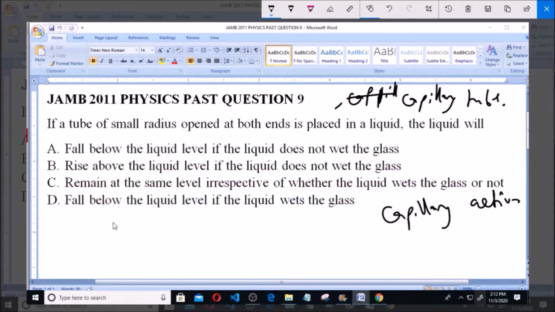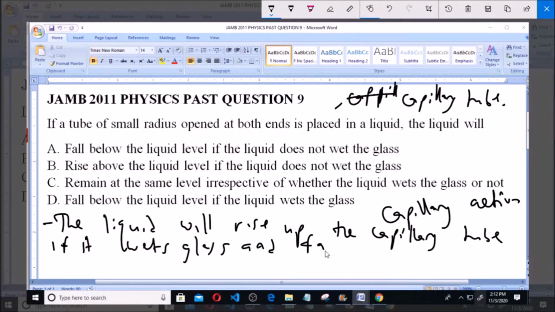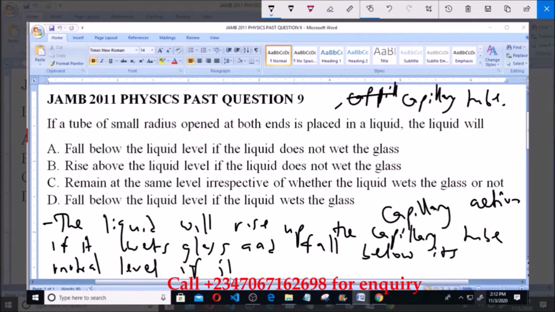Now the rule of this is that the liquid will rise up the capillary tube if it wets glass, and it will fall below its initial level if it does not wet glass. So this is the ground rule for capillary action.